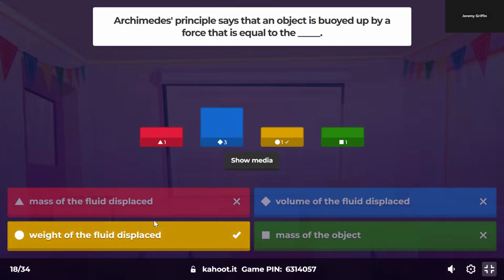Weight of the fluid displaced. Okay. That's the only even possibly correct answer just from the words. Guys, force. We're looking for a force, right? Is a weight a type of force? Yeah. Okay. Is a mass a type of force? No. Is a volume a type of force? No. Right.